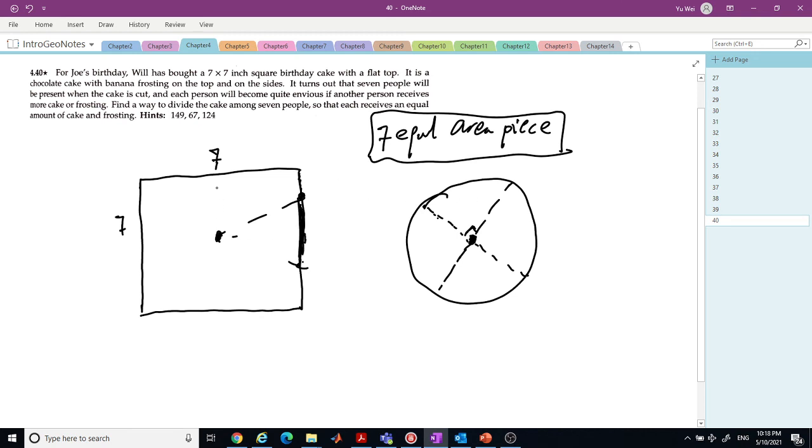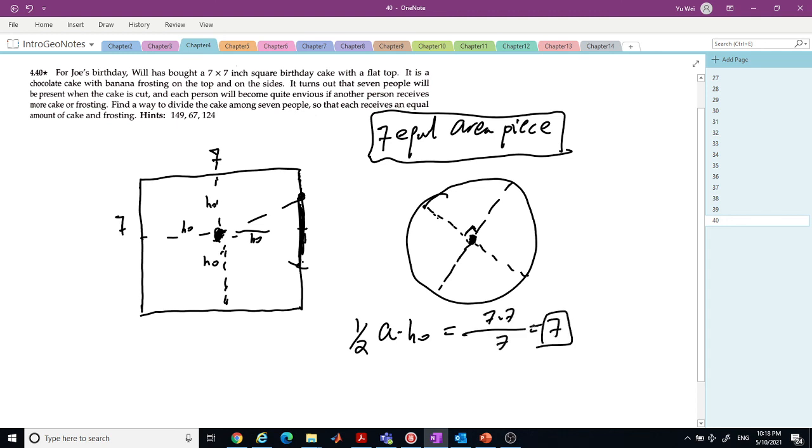So if I put it at the center, all the heights are the same. Okay, so this is the h0, this is h0, this is h0, and this is h0. So the rest of them I want to cut is a times h0 is equal to 7 divided by 7, so each piece will be 7, right?